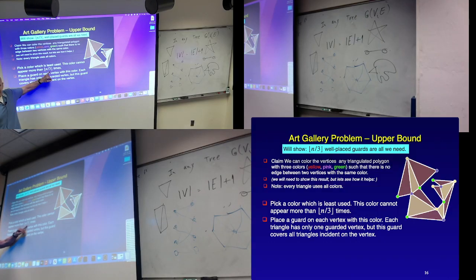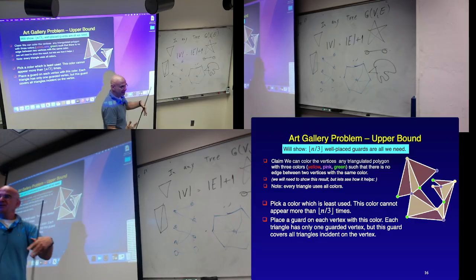I don't say that there are exactly the same number. Quite possible that I have many more blues than greens. Nevertheless, when I sum up the number of green plus blue plus red, I'm getting exactly n. So one of these three numbers should be either n over 3 or even smaller. Because if you're summing three numbers and all of them are larger than n over 3, you're getting a number that is larger than n.